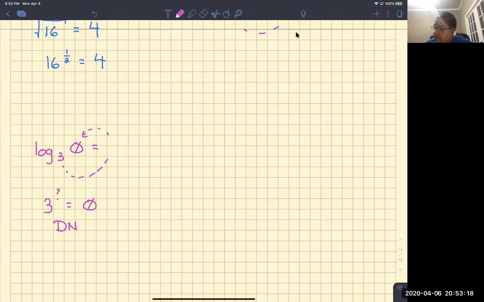DNE, does not exist. There is no exponent that I could raise 3 to get 0. Yes, I can raise 3 to the 0 power, but that gives me 1, not 0. There's no exponent I can raise any base to get 0. So let's look at our property list. Log base a of 1 is 0. Log base a of 0 does not exist.